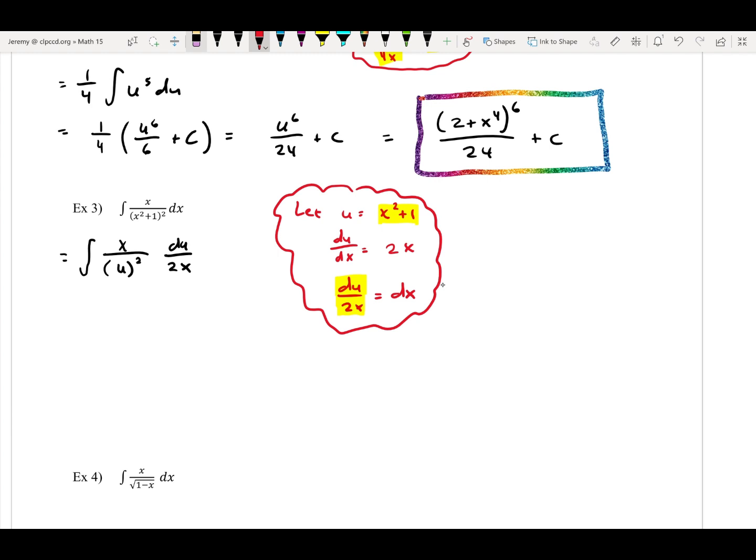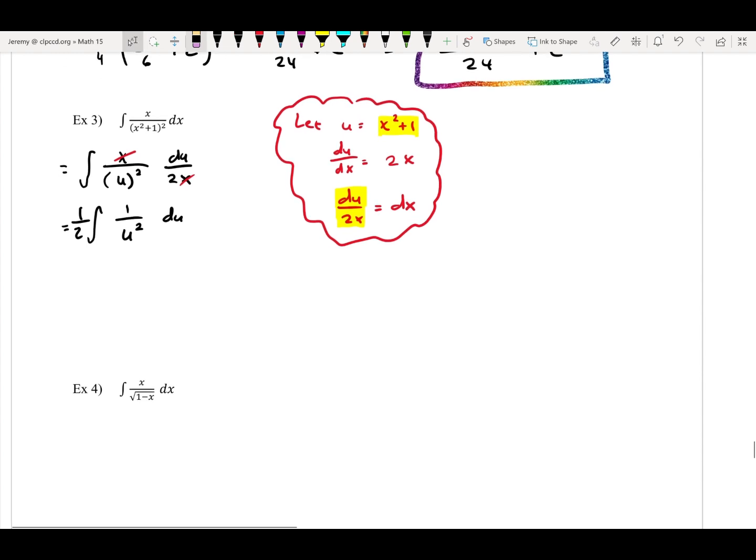And does a nice thing happen? Yes. The x's go away. And I'm left with the integral of 1 over u squared du, and then I'll put the 1/2 out in front. I'm in the habit of bringing that scalar multiple out in front of the integral. And this is a really nice little integral in terms of u. I'll rewrite this as u to the -2nd power, just setting it up for a power rule.